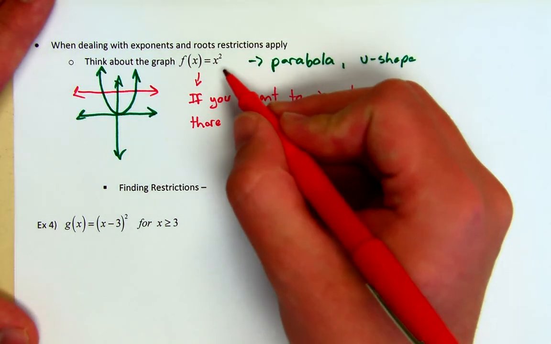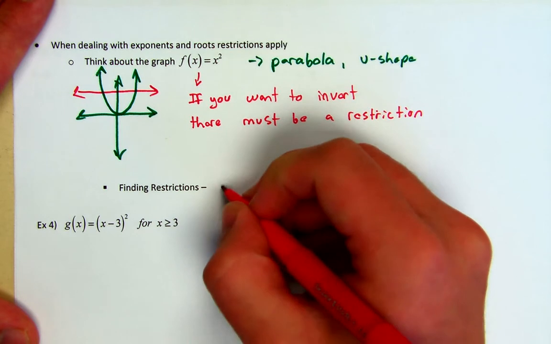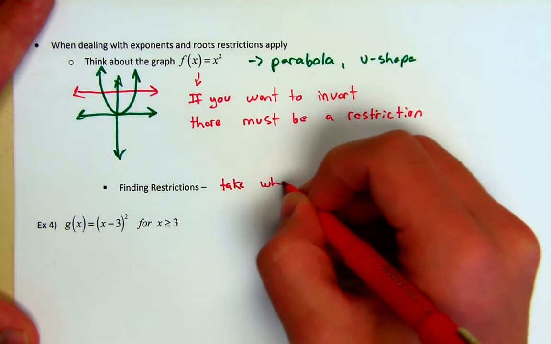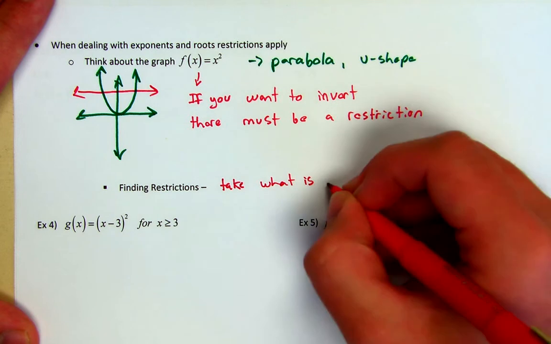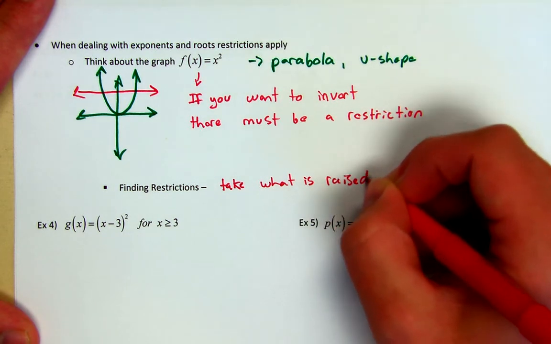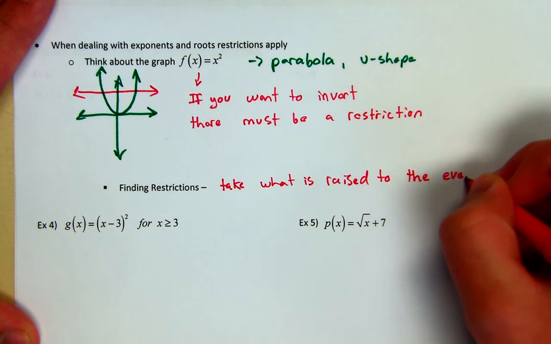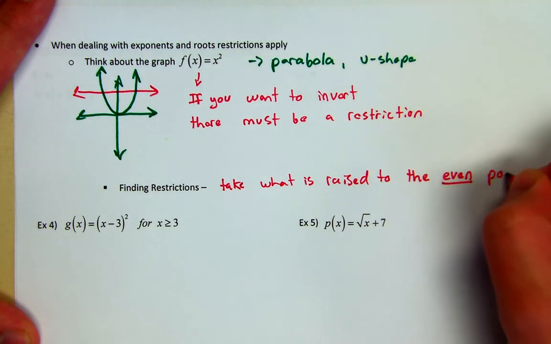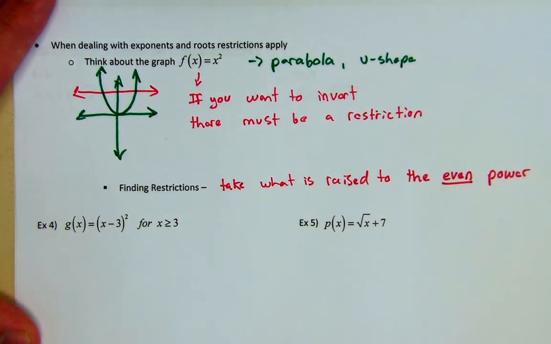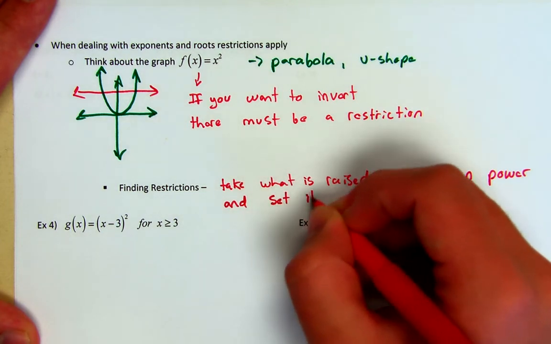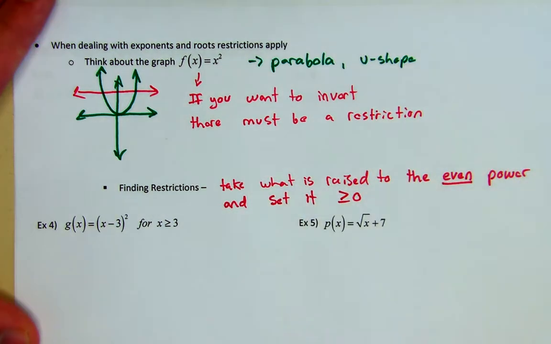So finding the restrictions of even roots, take what is raised to the even power, and set it greater than or equal to 0.